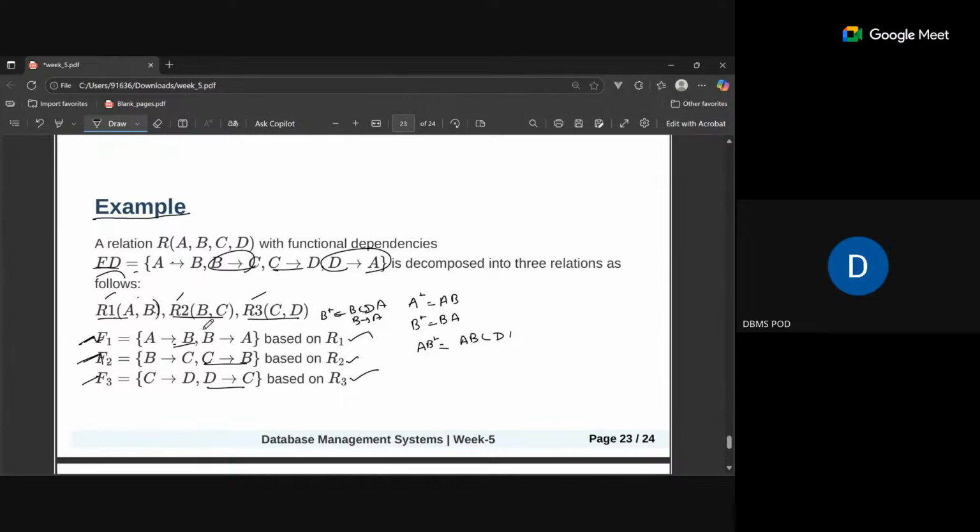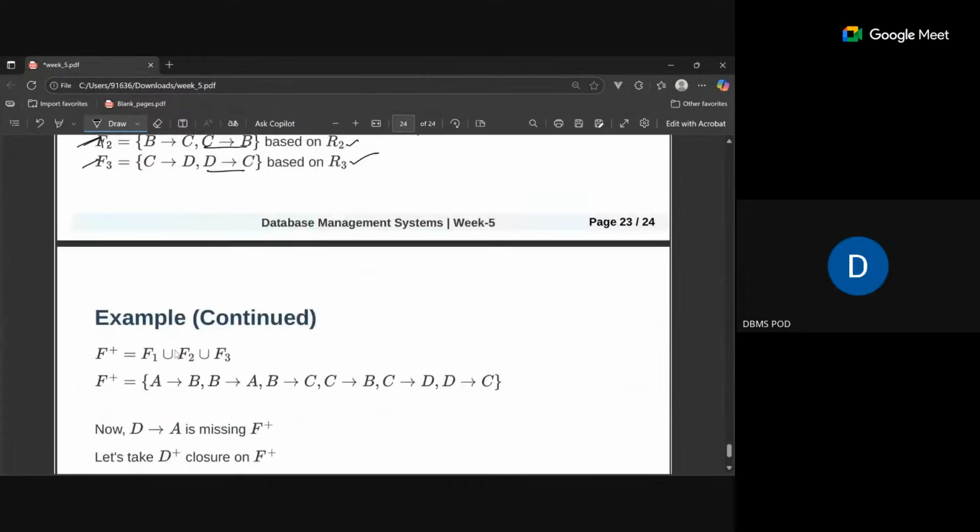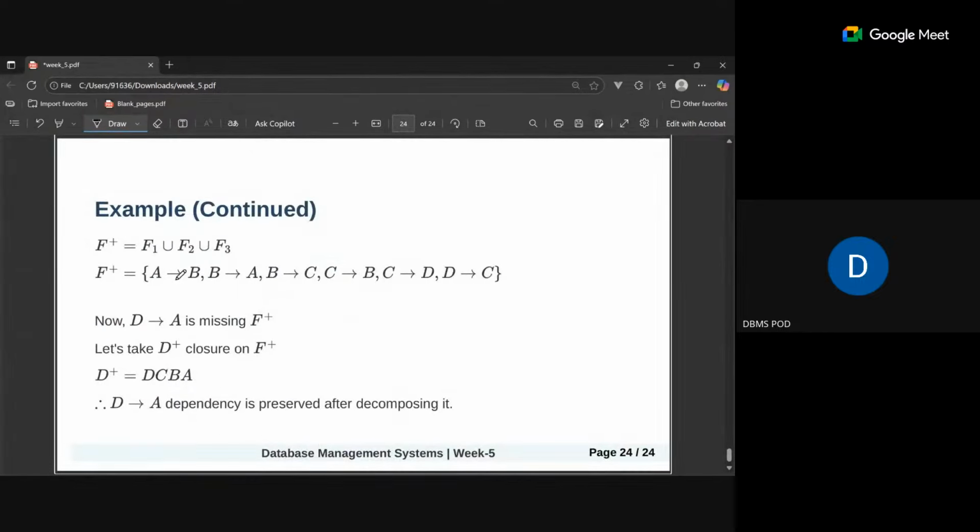So we now have these functional dependency sets for all this breakdown R1, R2, R3. And now what you need to do is combine all those functional dependencies we computed.